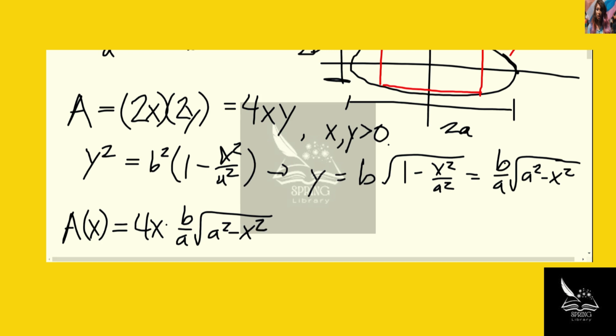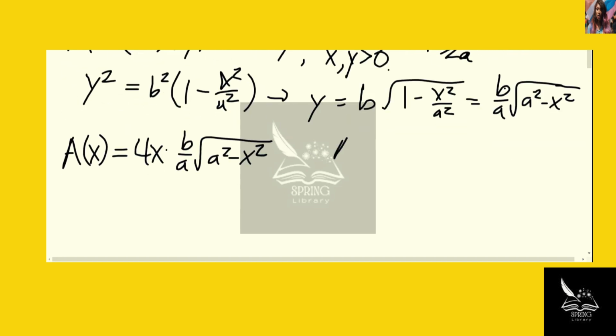Now we know that our area, A, is in fact always positive for x greater than 0, and x also has to be less than a.